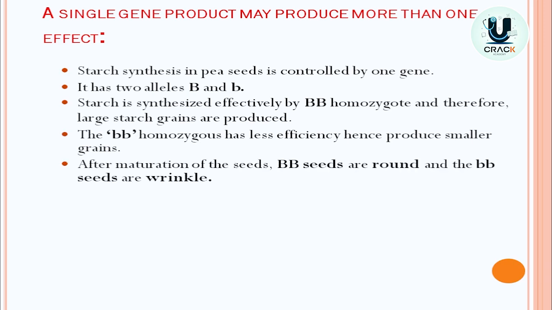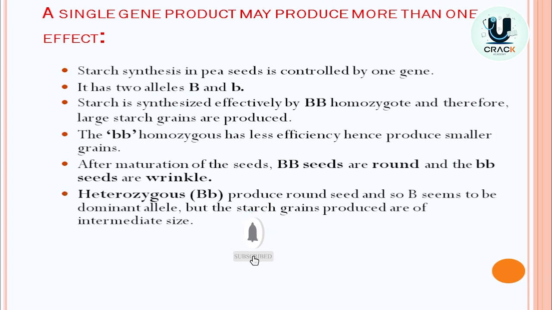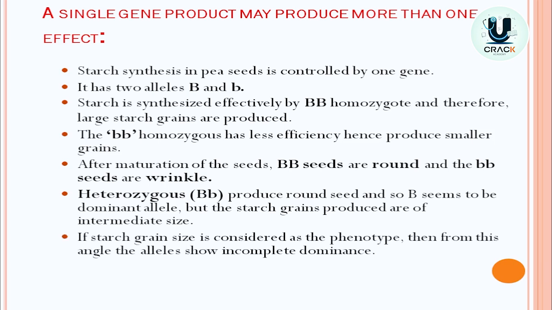After maturation of the seed, BB is round and bb is wrinkled, as we have seen. In the heterozygous Bb, although B is dominant, the starch grains produced are of intermediate size. If starch grain size is considered as the phenotype, it is incomplete dominance.